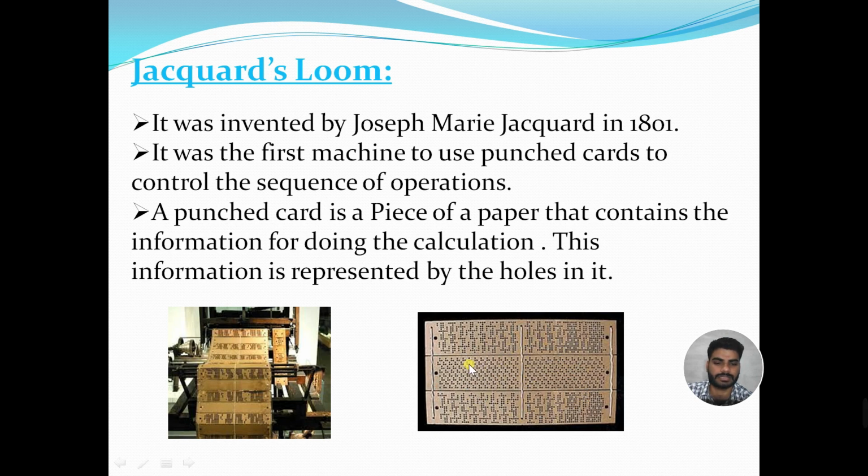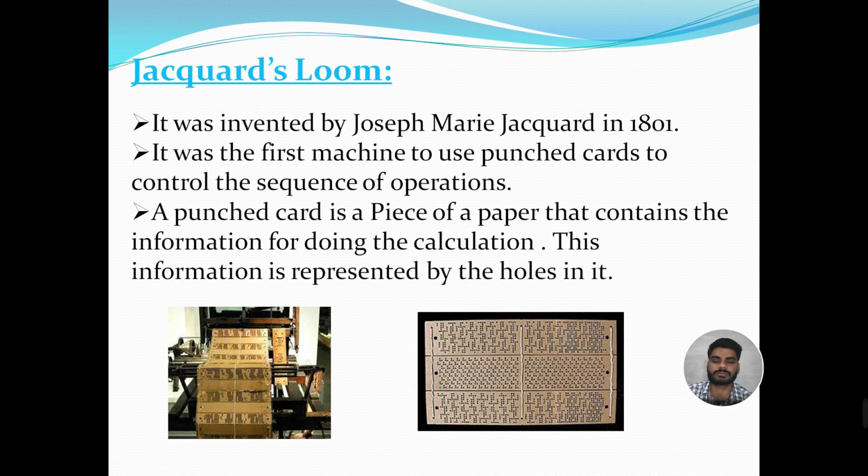Actually, these holes represent the information about the calculation that has to be performed, and the image at the left is the picture of Jacquard's loom. This is the whole device, and these are the punched cards that are used for the operations.